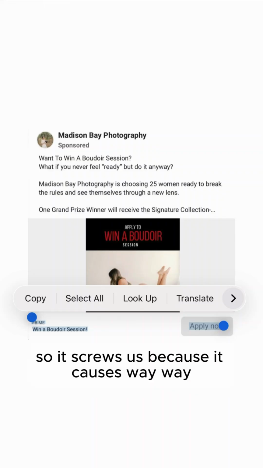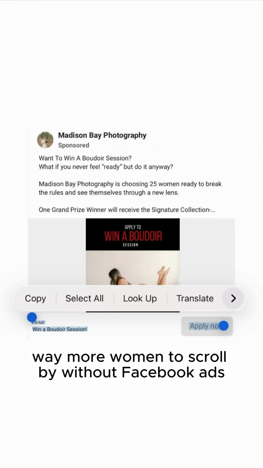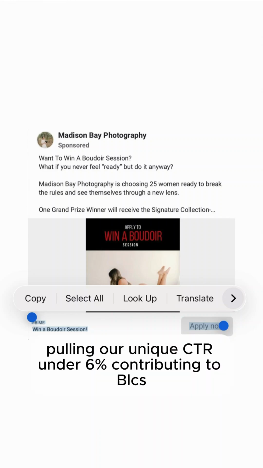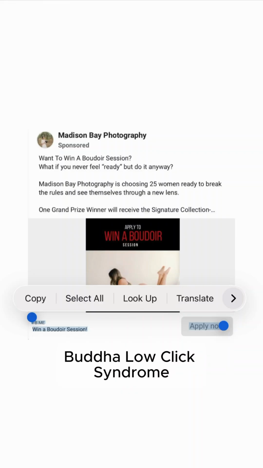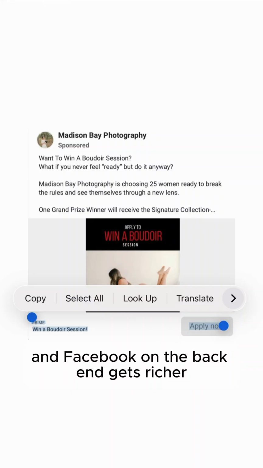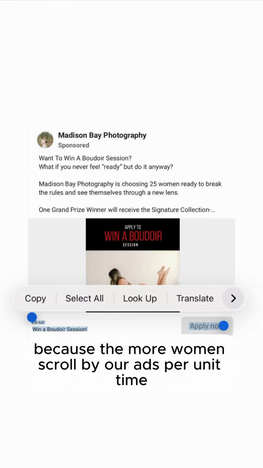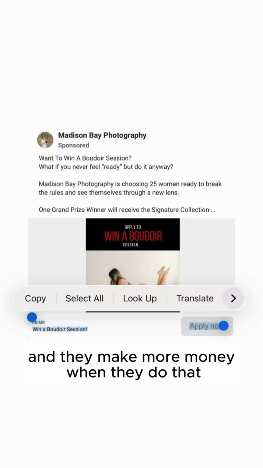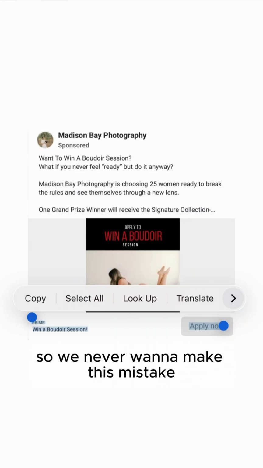So it screws us because it causes way, way, way more women to scroll by our Boudoir Facebook ads than necessary, pulling our unique CTRL under 6%, contributing to BLCS, Boudoir-Low-Click syndrome. And Facebook on the back end gets richer because the more women scroll by our ads per unit time, the more ads Facebook can serve per unit time, and they make more money when they do that. So we never want to make this mistake.